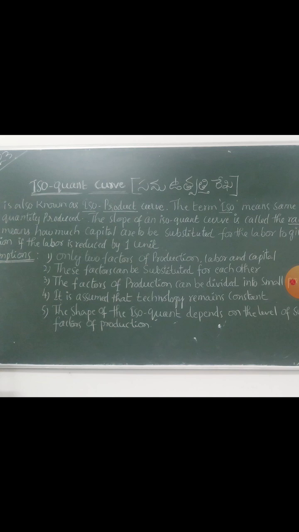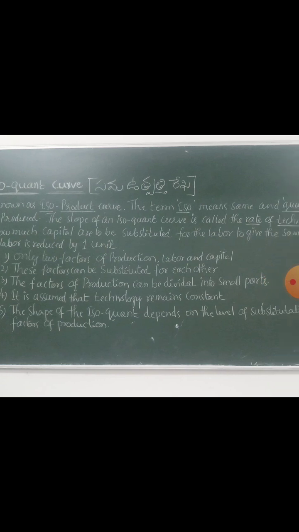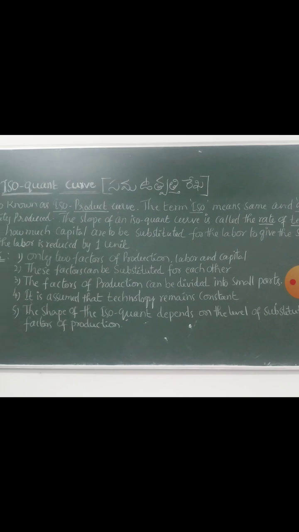First, the two factors of production, labor and capital. These factors can be substitutable, which means labor is substituted by capital and capital is substituted by labor. The factors of production can be divided into small parts.